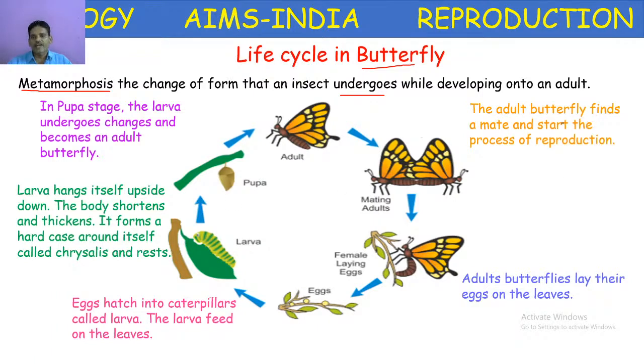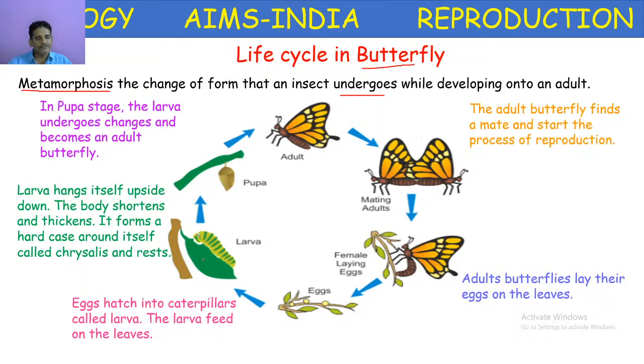So the adult butterflies find a mate and start the process of reproduction. Then adult butterflies lay their eggs on the leaves. The female lays the eggs on the trees. These eggs contain some glue-like substance so that they can attach to the leaves. Later, these eggs hatch into caterpillars called larvae.